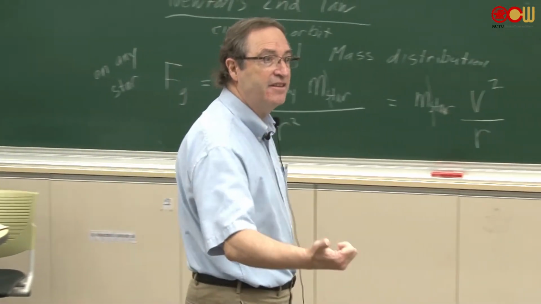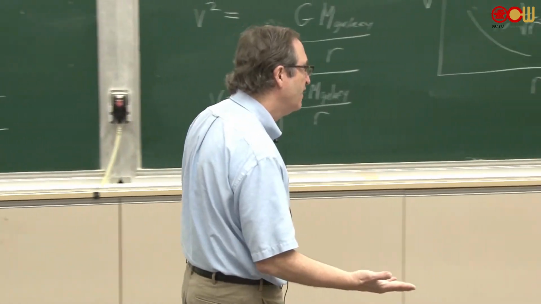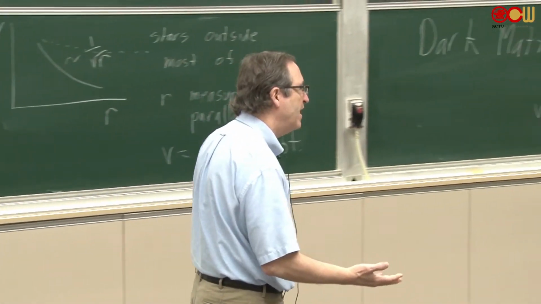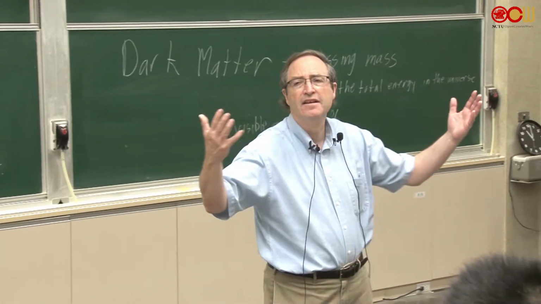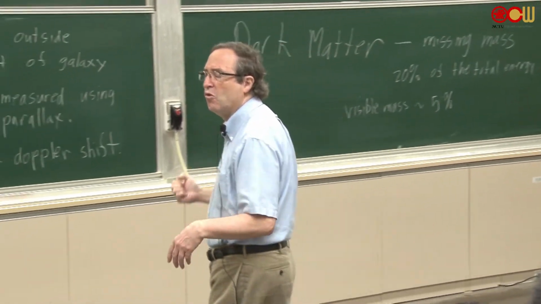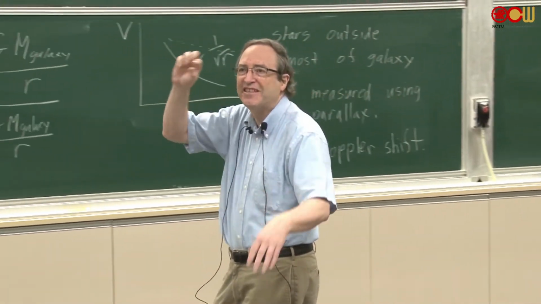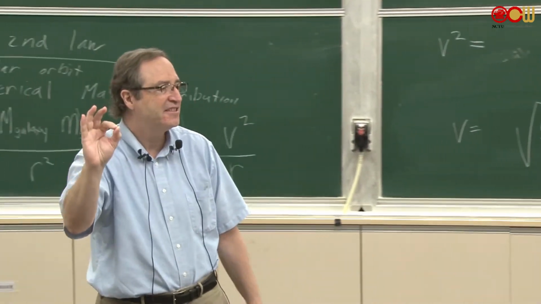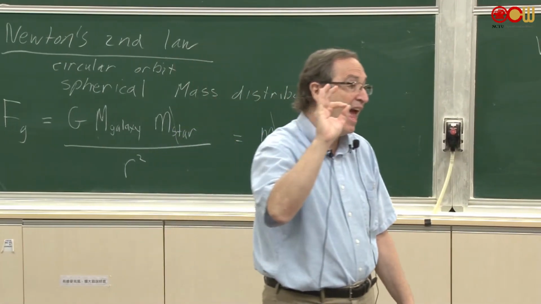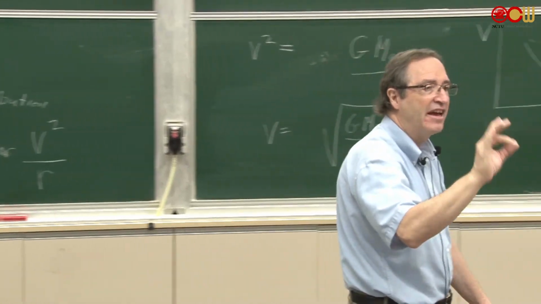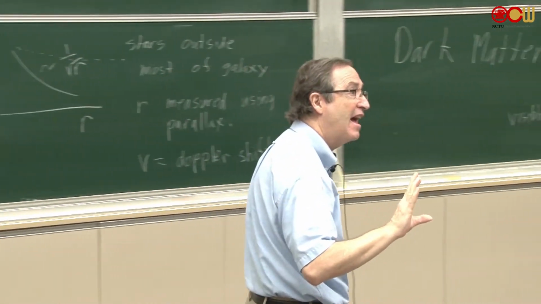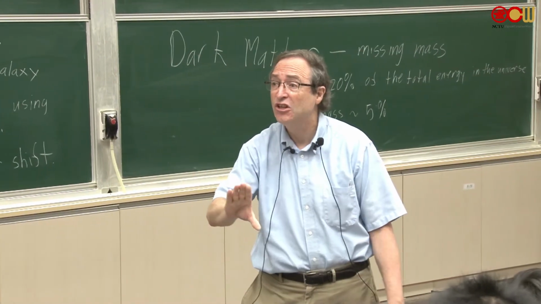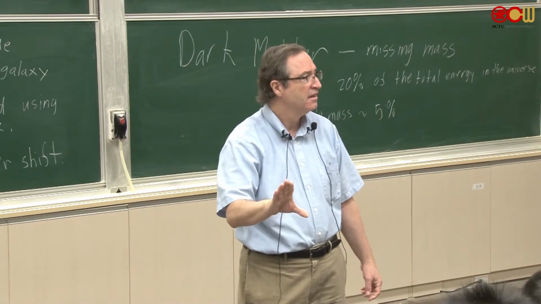Some of the ideas that people have suggested are that this mass might be neutrinos, all right? Or small black holes, tiny black holes, all right? The reason why they suggest these things, and it can't be things like hydrogen or helium or something like that, is because those things would interact.